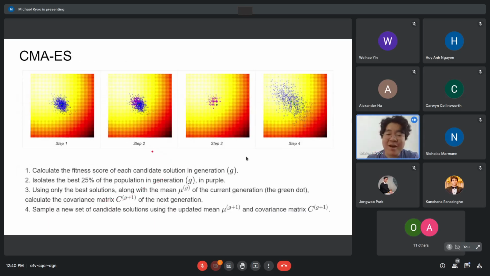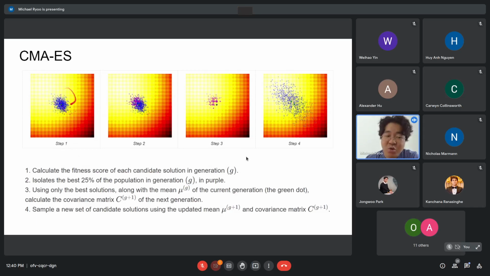And in order to illustrate the algorithm in slightly more detail, it is like this. We always maintain a pool of individuals, a population in terms of a Gaussian distribution. We have a generation at each time step, and there will always be some scores for each individual. We select the 25% best individuals, which are colored in purple here.